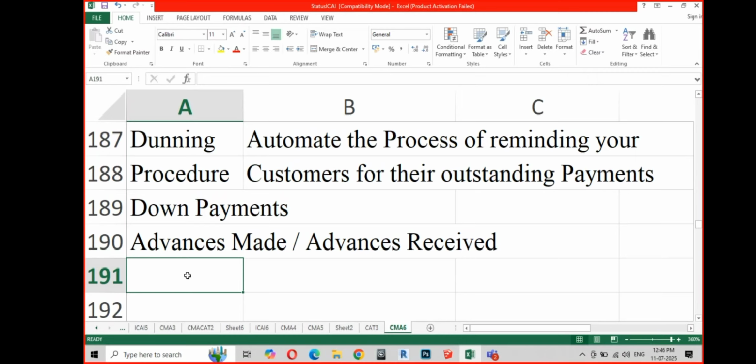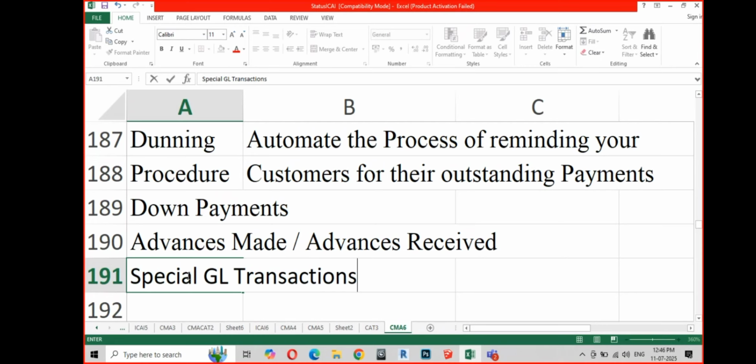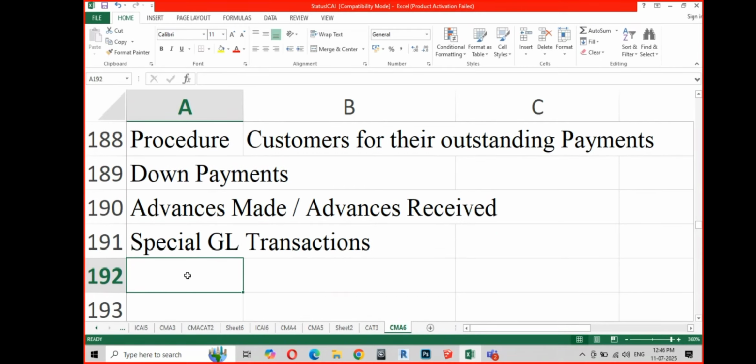So this particular concept in SAP is tackled by means of special general ledger transactions. See, the normal sale, the normal purchase, you making payments to your vendors, you receiving money from your customers, they are all the normal transactions.